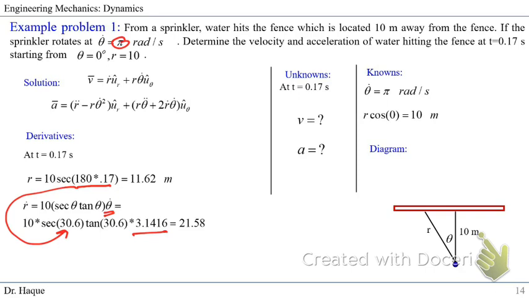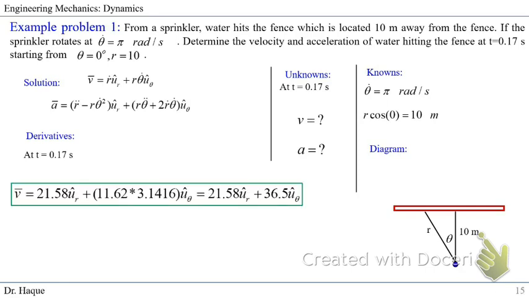That gives me r dot. And for r double dot, we plug the same values into the previous equation. The summation would be 194.86. So once we have this, now the problem is very easy. Plug those values of r dot and r theta dot, and we'll get the velocity.